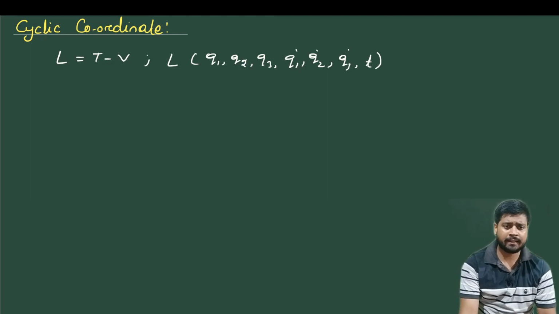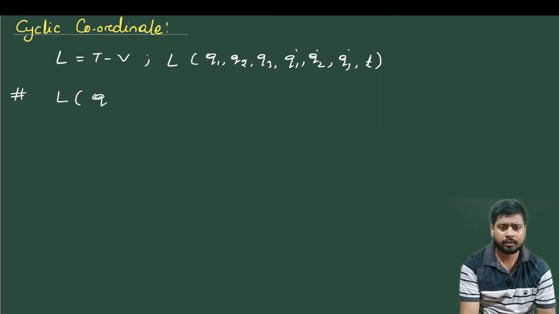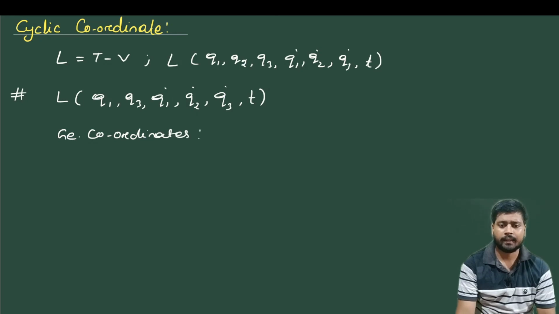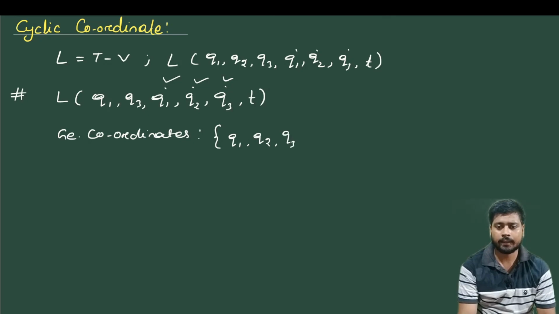Suppose we have a Lagrangian L which is a function of q1, q2, q3, then q1 dot, q3 dot, and t. Here the generalized coordinates are q1, q2 and q3.